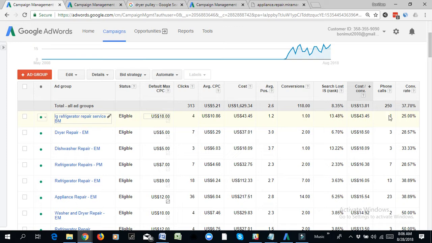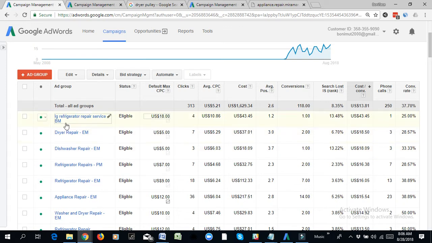So this one indicates we have one phone call and one conversion, so this would be very expensive for just that, for just one conversion. Because the leads we sell for this particular client are $25, so we are at a loss here if we end up spending as much as this for just one conversion.